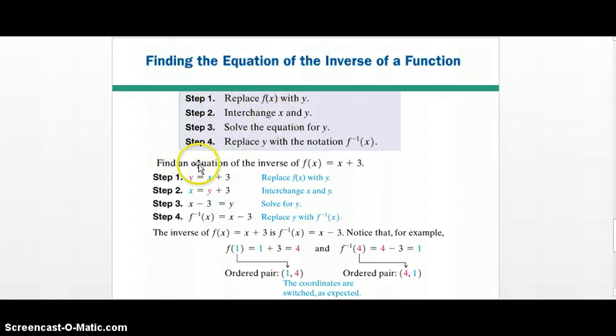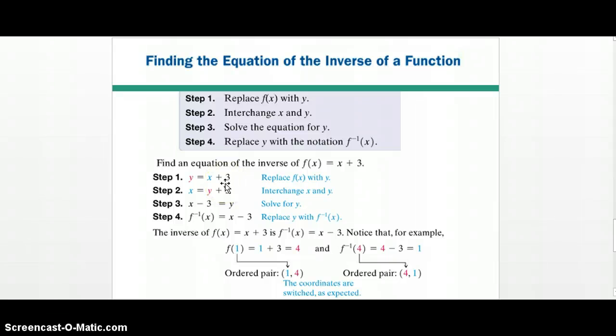The function is given here, f of x equal to x plus 3. The first step is replace f of x with y. So y equal to x plus 3.